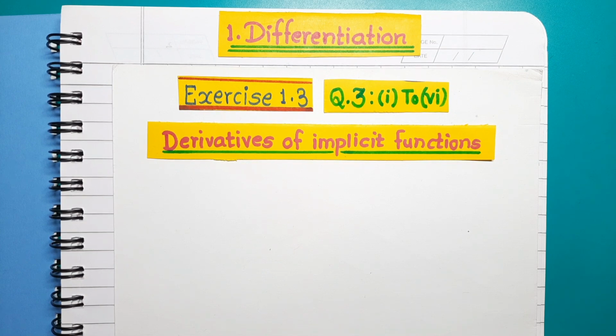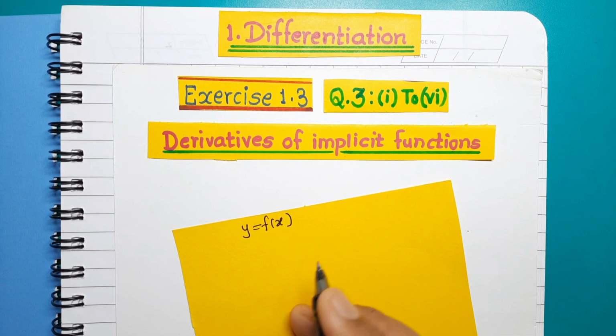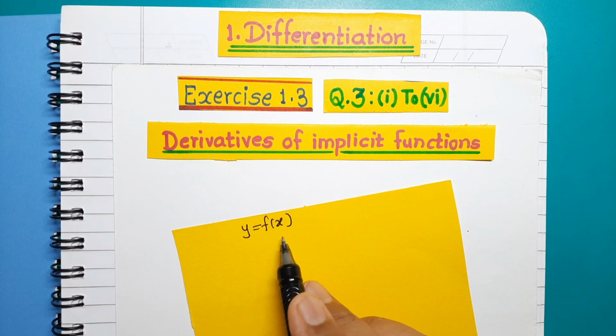Students, a function can be represented in a variety of ways. Most of the functions we have dealt with so far have been described by an equation of the form y is equal to f of x that expresses y solely in terms of variable x.